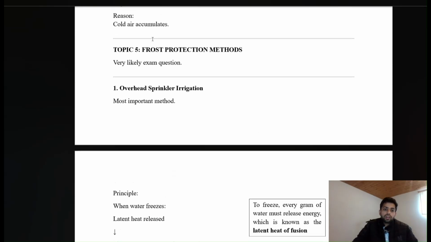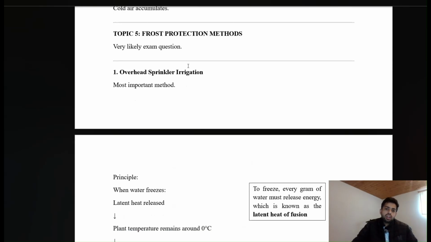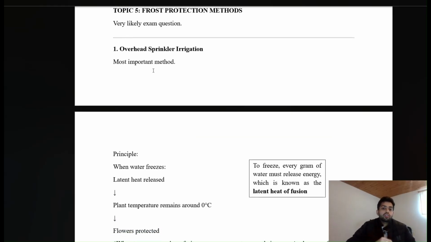Now, if I talk about frost protection methods, how we can protect our crop from frost, the first one is overhead sprinkler irrigation.